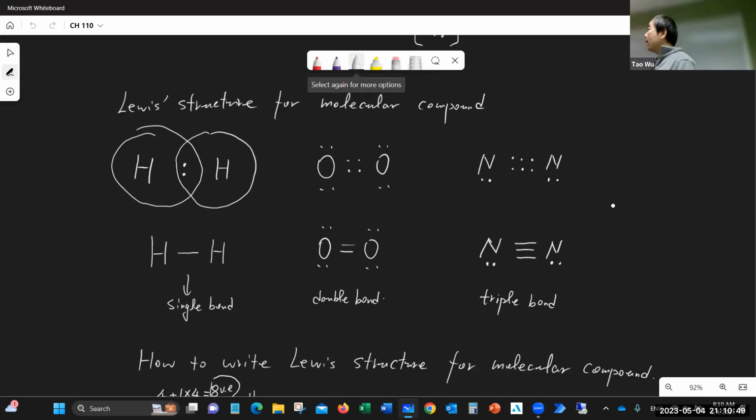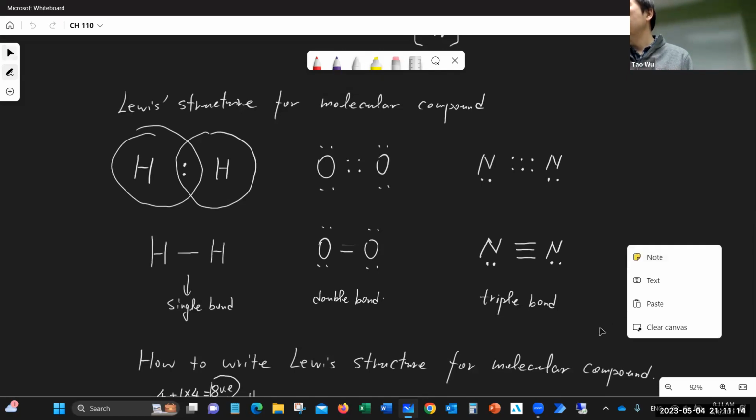If we have one pair of shared electrons, it is a single bond, two pairs is a double bond, three pairs is a triple bond. This is how the molecular compound is made. They do not gain or lose electrons, so each of the atoms does not have a charge. They're sharing electrons. This is the complete difference between the ionic compound and the molecular compound.